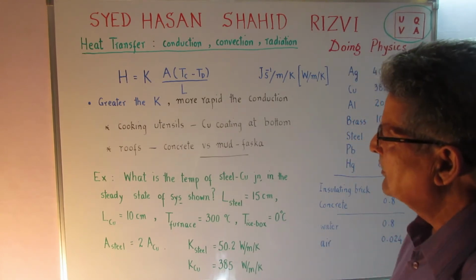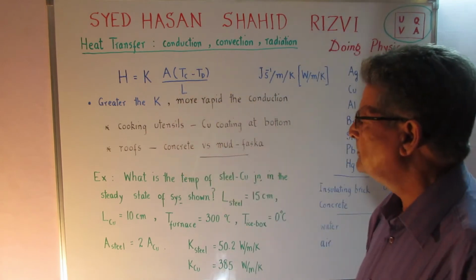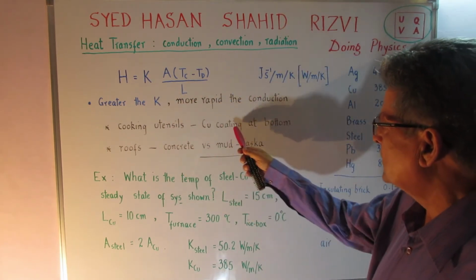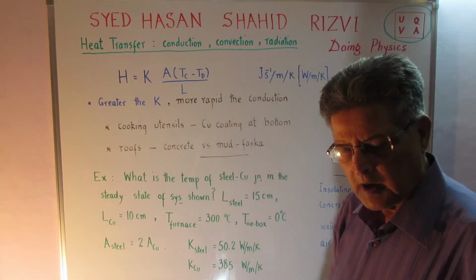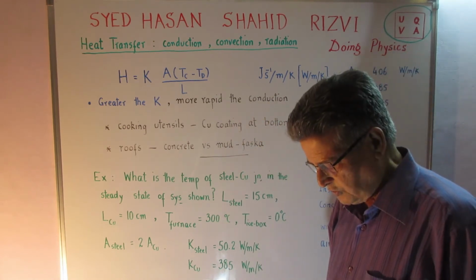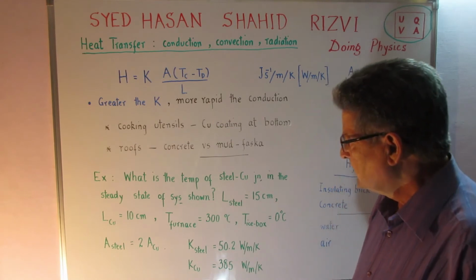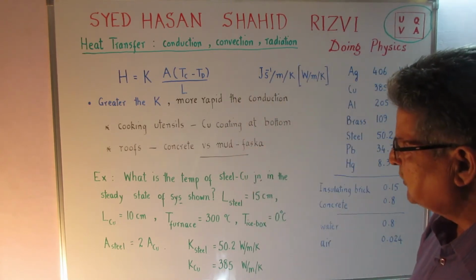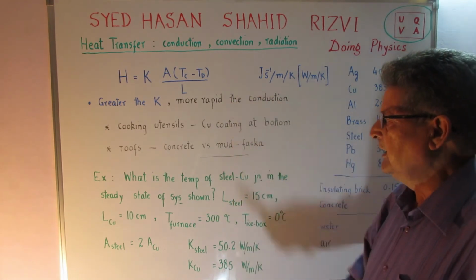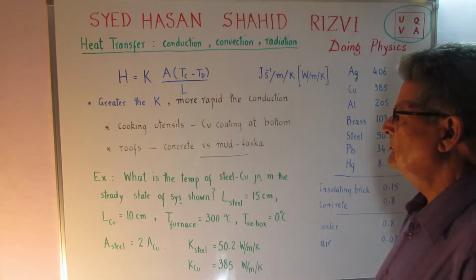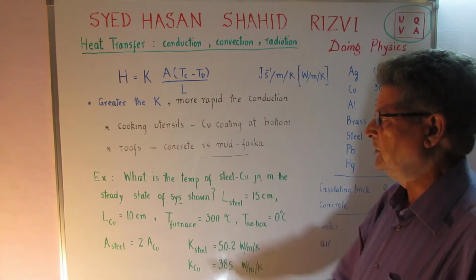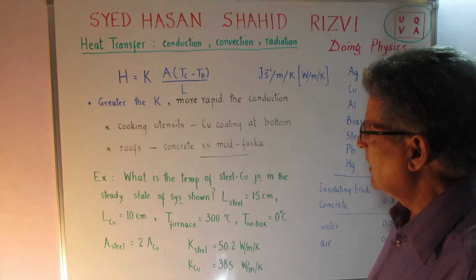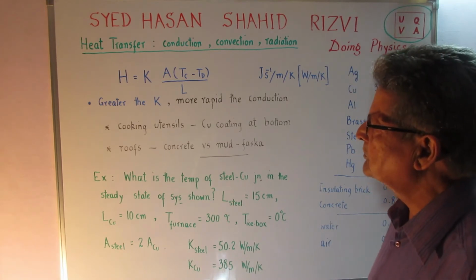Okay. Now let us take some examples. For example, for cooking utensils, often there is a copper coating at the bottom, and this copper coating ensures that the heat from the flame is equitably and quickly transferred to the main material of the utensil, and cooking is easier for us.